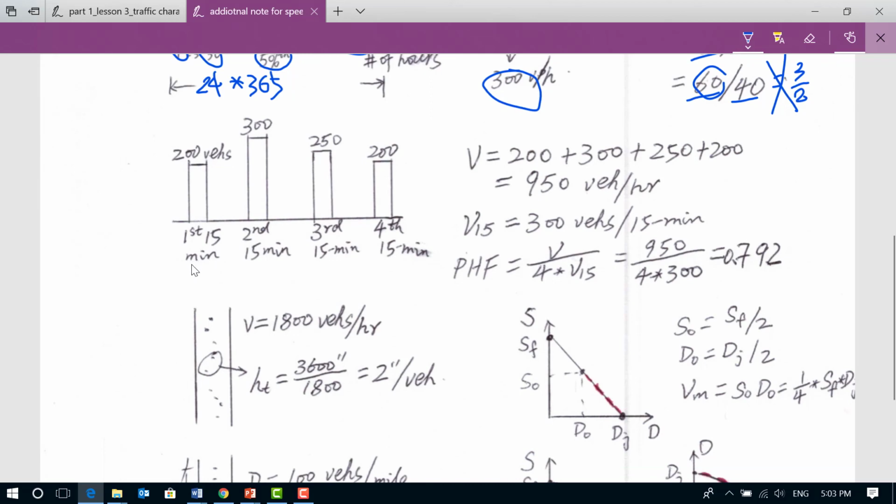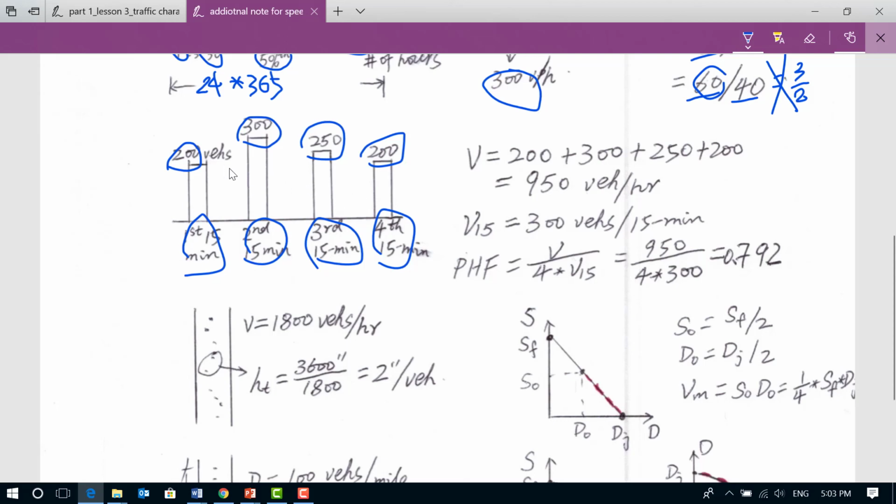So now let's go to the example. Within 1 hour, I divide it into four 15-minute intervals: the first, second, third, and fourth. Let's assume for the first 15 minutes we have 200 vehicles, the second we have 300 vehicles, the third we have 250 vehicles, and the last we have 200 vehicles.